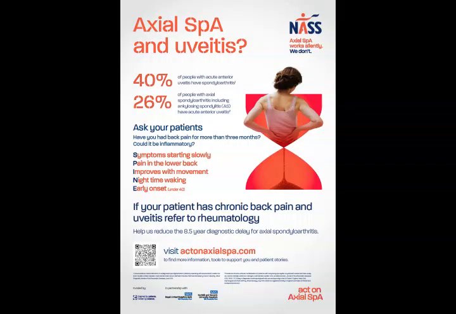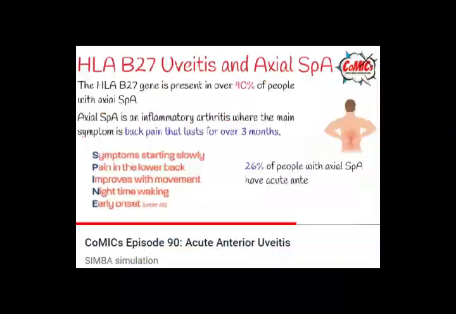It affects in the UK around 5 to 10,000 people, but there's a huge host of potential causes of uveitis. We can subdivide it into different anatomical distributions: the front of the eye, the middle, the back of the eye, or various layers of the eye. By far the most common area of the eye which can get inflamed is anterior uveitis, and by far the most prevalent link is with ankylosing spondylitis.